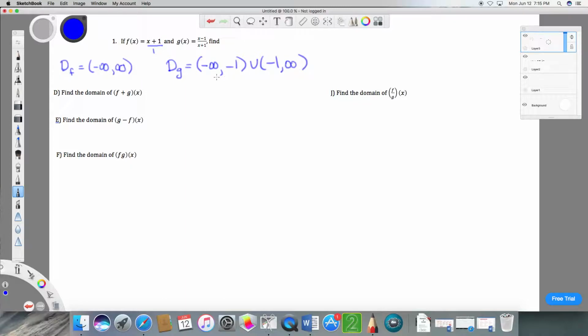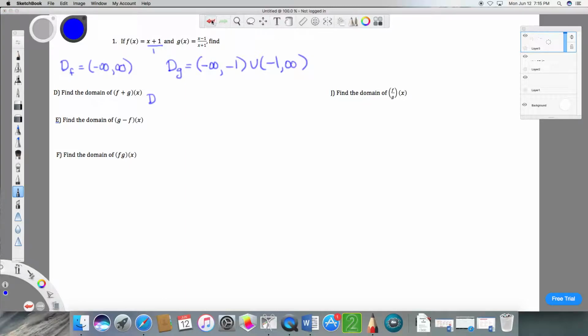So intersecting these two, to find the domain of f plus g, you have to be in the domain of f and at the same time be in the domain of g. Well, that's the set of all real numbers except negative 1. Negative 1 is not in both sets, therefore it's not in the intersection.